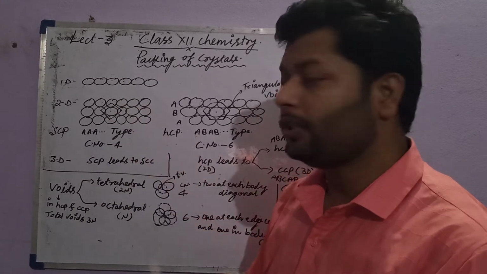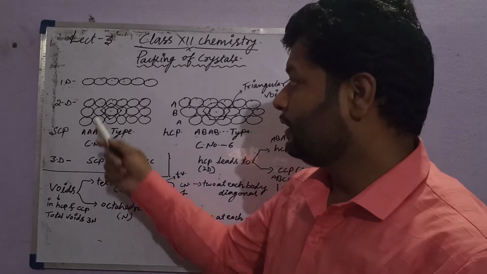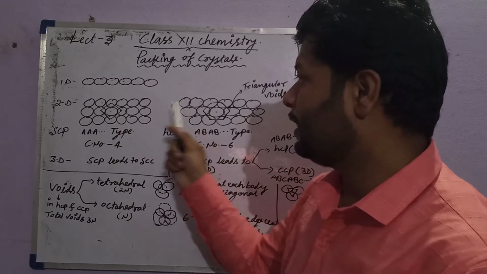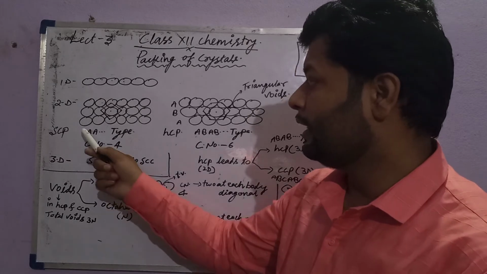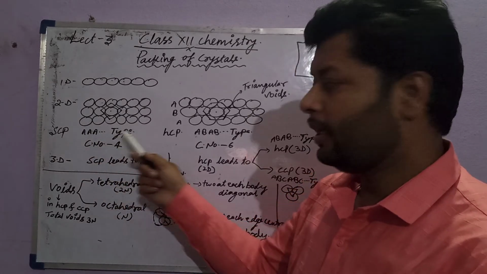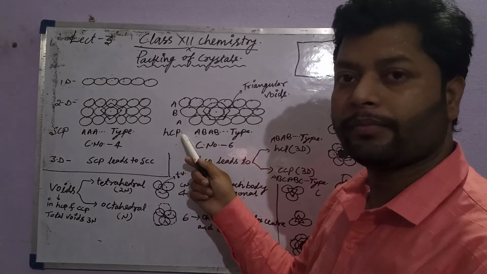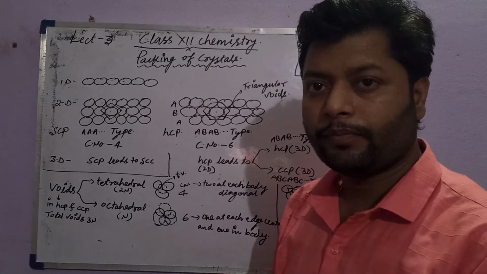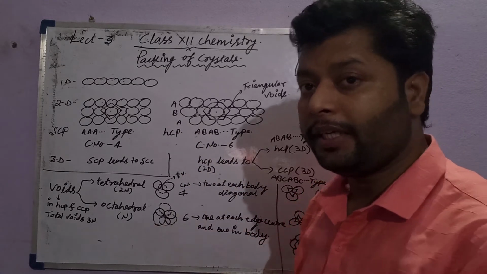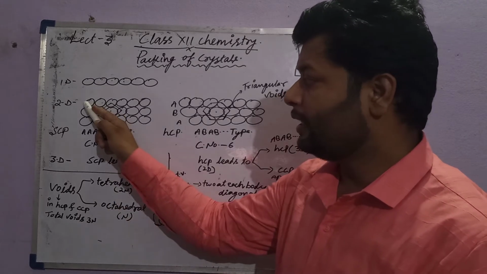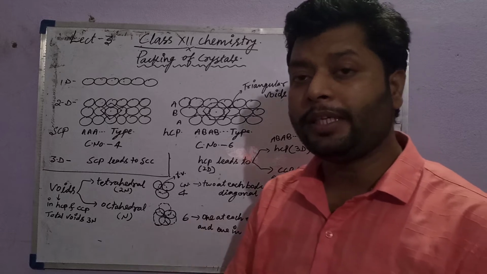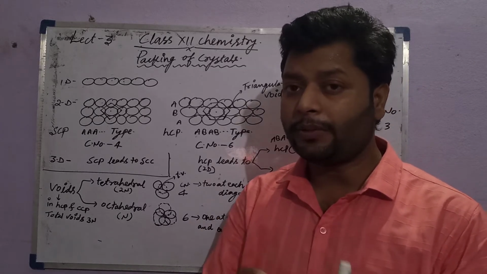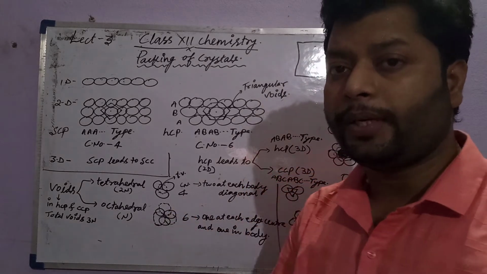Then we'll turn to the two dimensional. In two dimensional, there are two different pictures: AAA type and ABAB type. This is the only important thing you have to learn. When the second row is arranged, the arrangement of the particles may be of two different types.